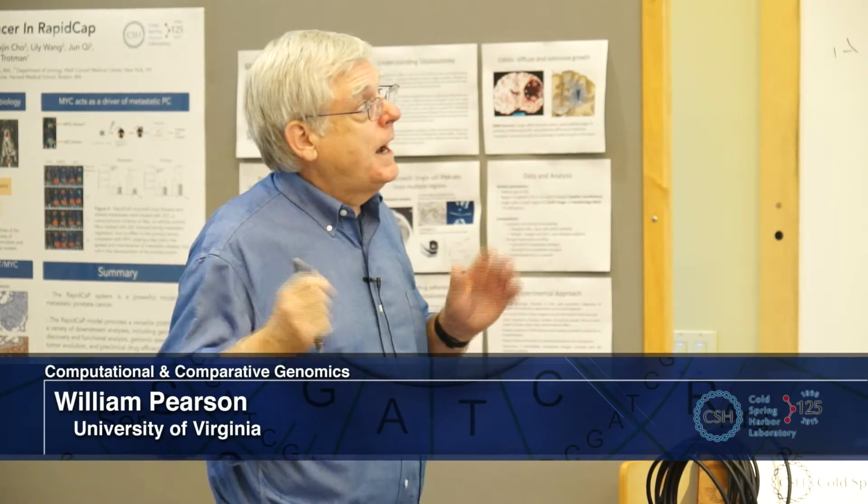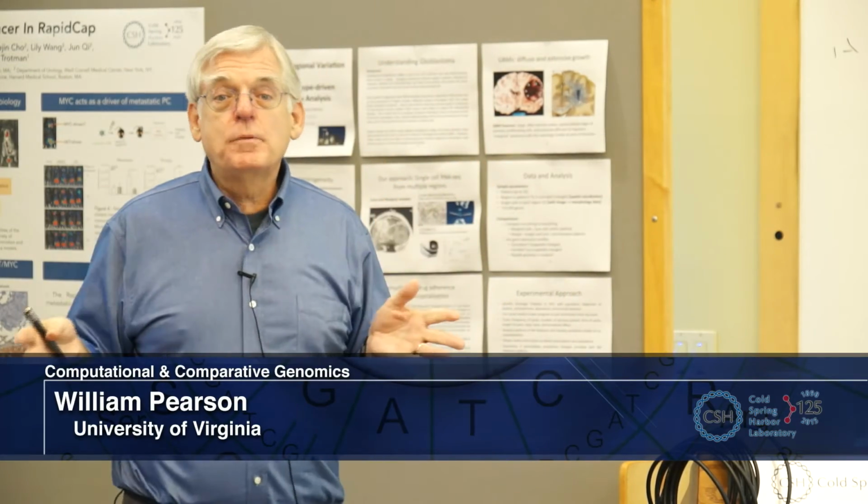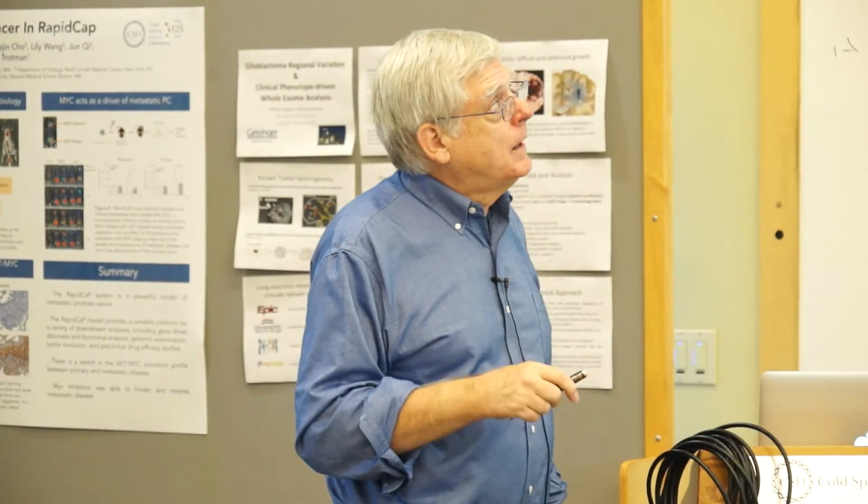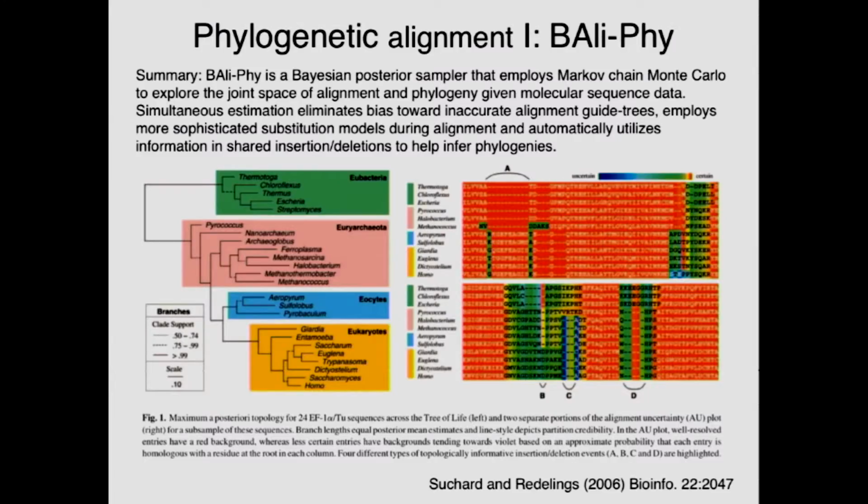They have costs associated with those trees, which ones are probably better and which ones fit the data worse. They have alignment costs, which ones are more likely and which ones are less likely. And they mix that all together. They do both of those things at the same time. And they get this thing which is called BaliPhy, which is a phylogenetically aware multiple sequence alignment.